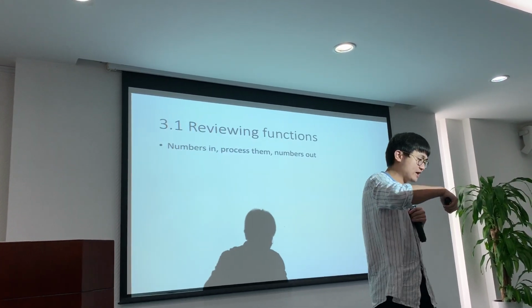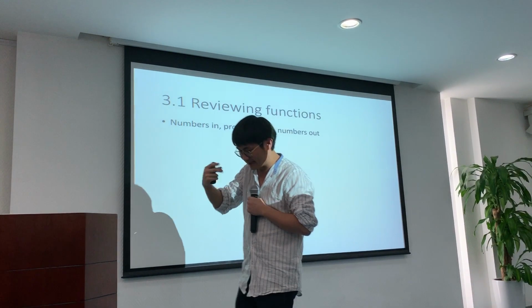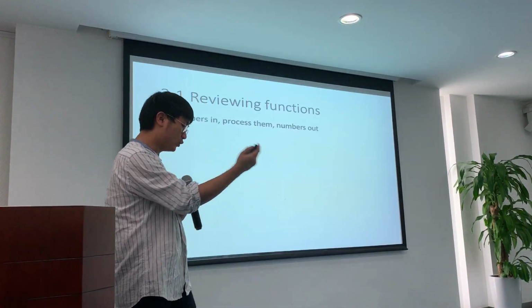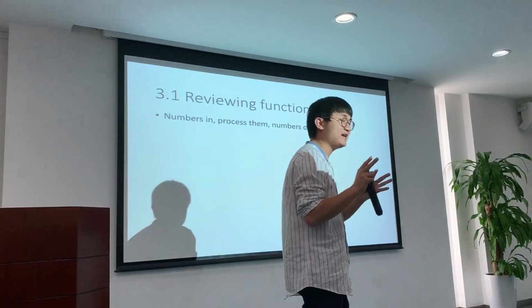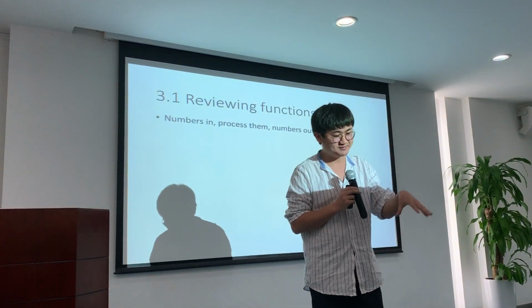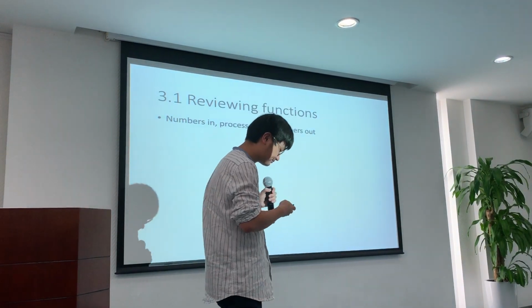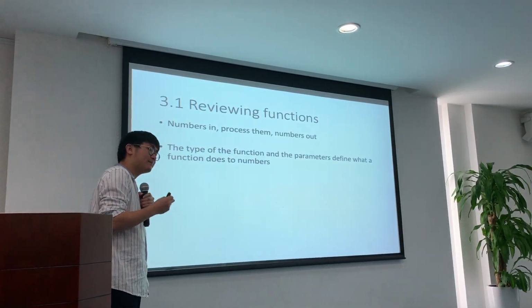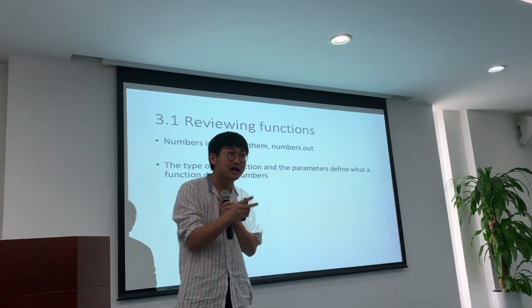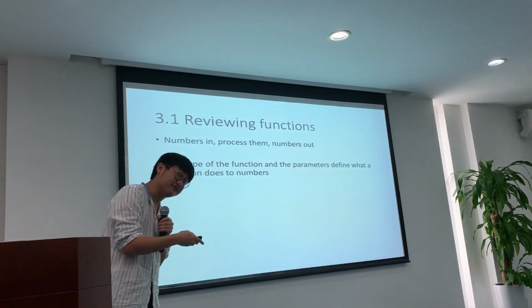And before talking about this, I want to make a quick review of functions. First, what is a function? I want to narrow the meaning to a machine that takes numbers in, does something, and outputs numbers. Second, what a function really does is defined by 2 things. One is the type of a function, the other is the parameters inside a function.